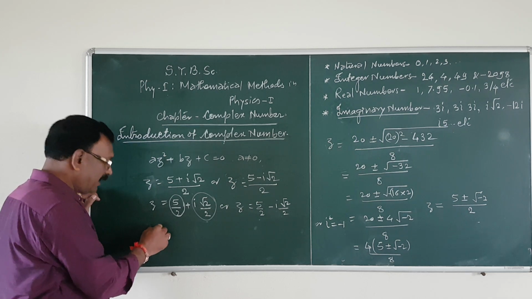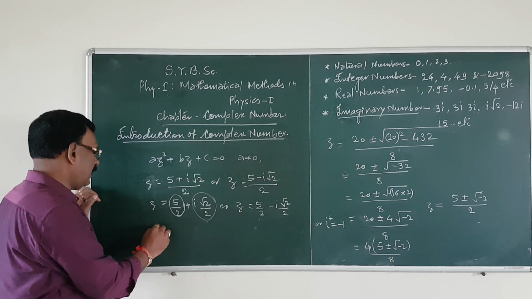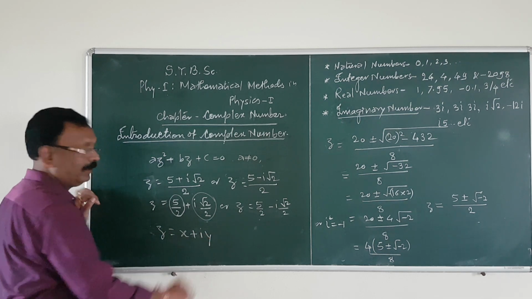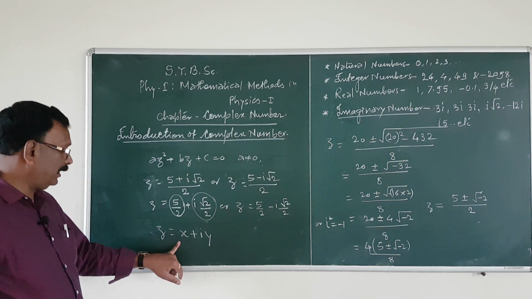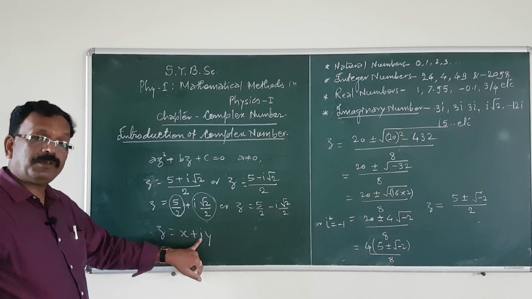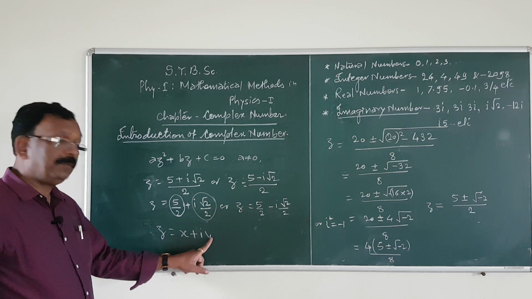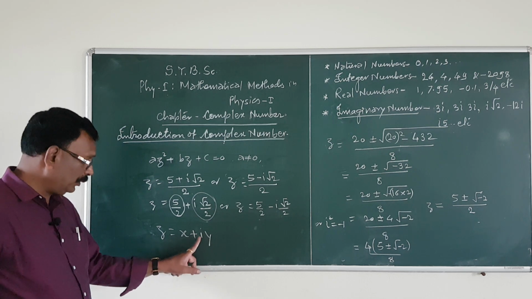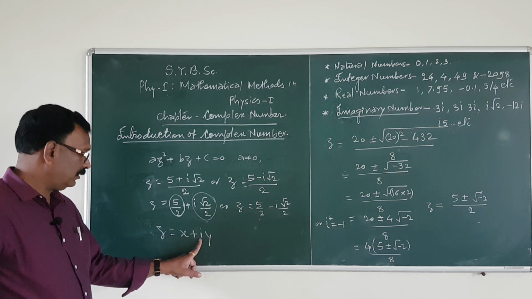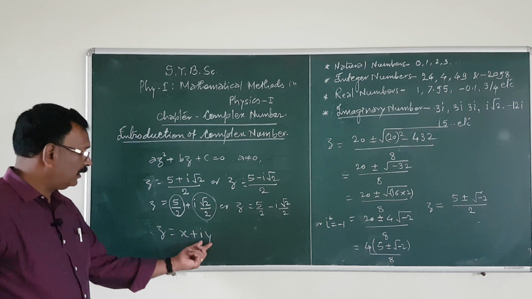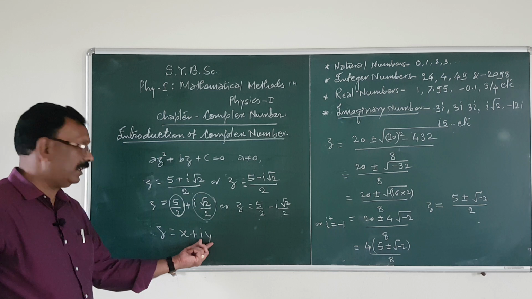And we can express this complex number as z is equal to x plus iy, where x is the real part and y is the imaginary part. But note that x and y both are real numbers. When we introduce i in this term, the real number becomes an imaginary number.